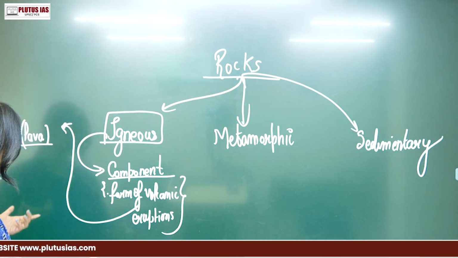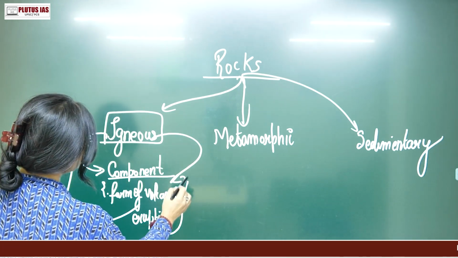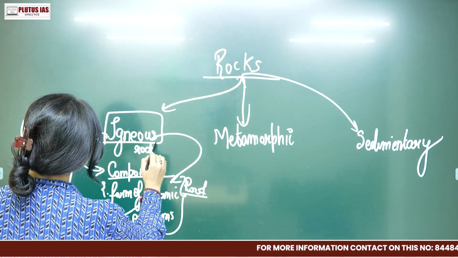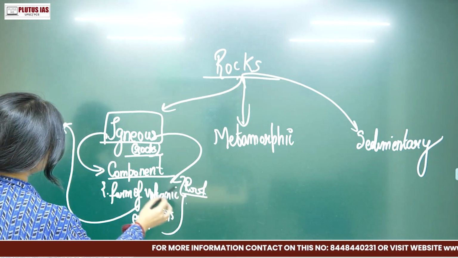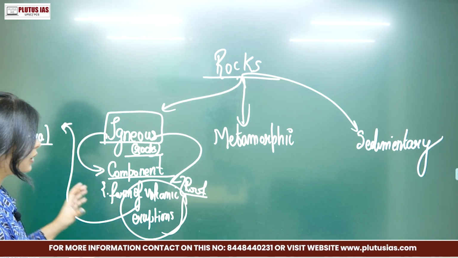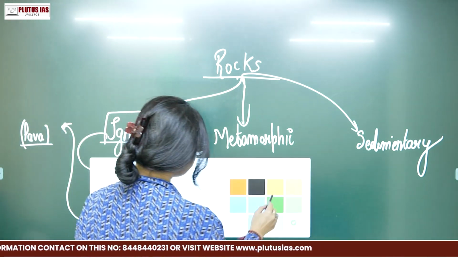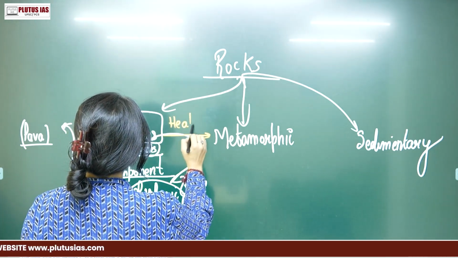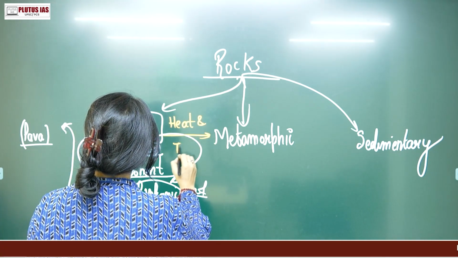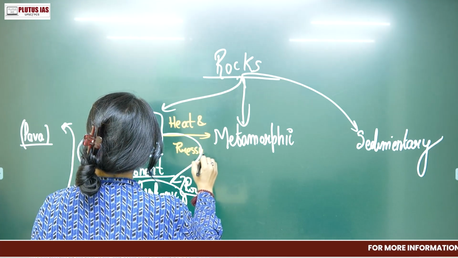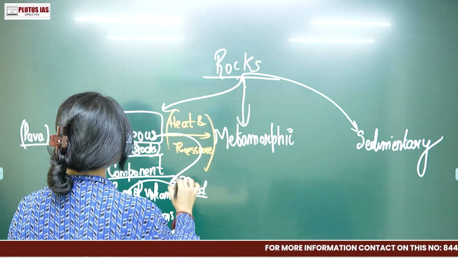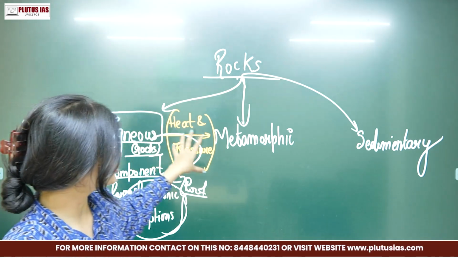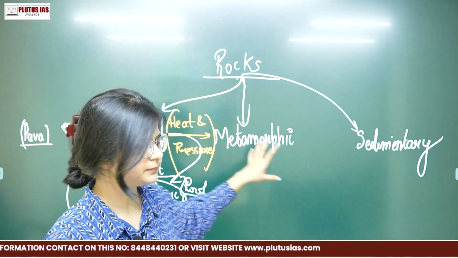So the root of the igneous rocks is from inside the earth in the form of volcanic eruption. Now under high heat and pressure, what will happen? When high heat and pressure are applied on the igneous rock, it will change into metamorphic rocks.